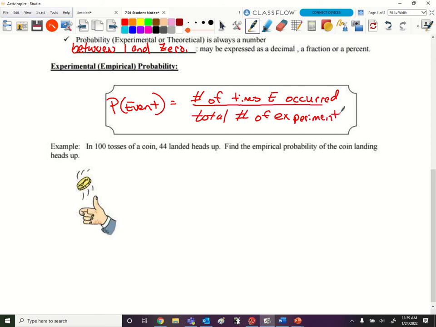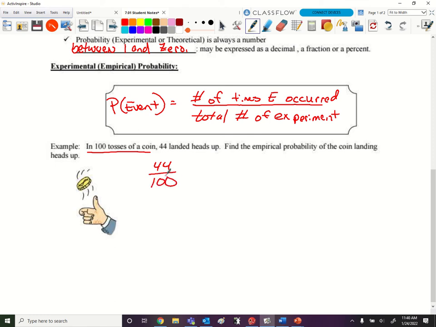All right. So for this probability, the total is 100 tosses of a coin, 44 land heads up. So find the empirical probability of the coin landing heads up. It gives you heads up, so that means the number of times is going to be 44 out of my total, which is 100.